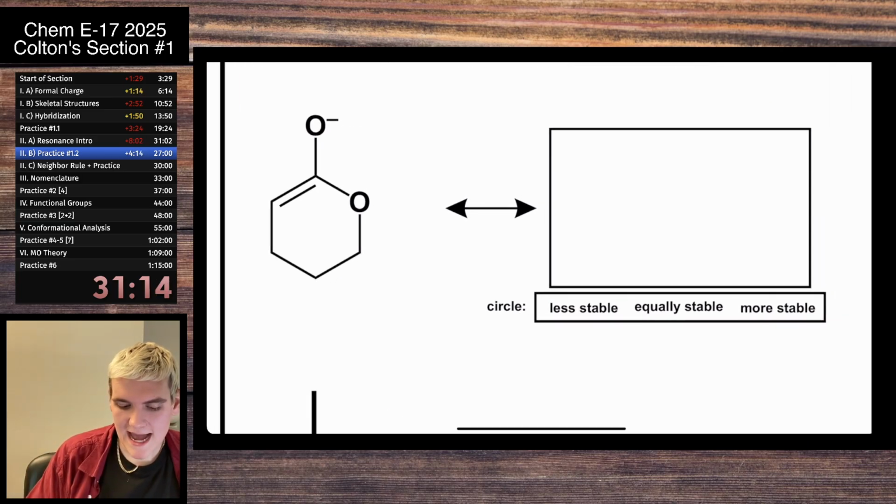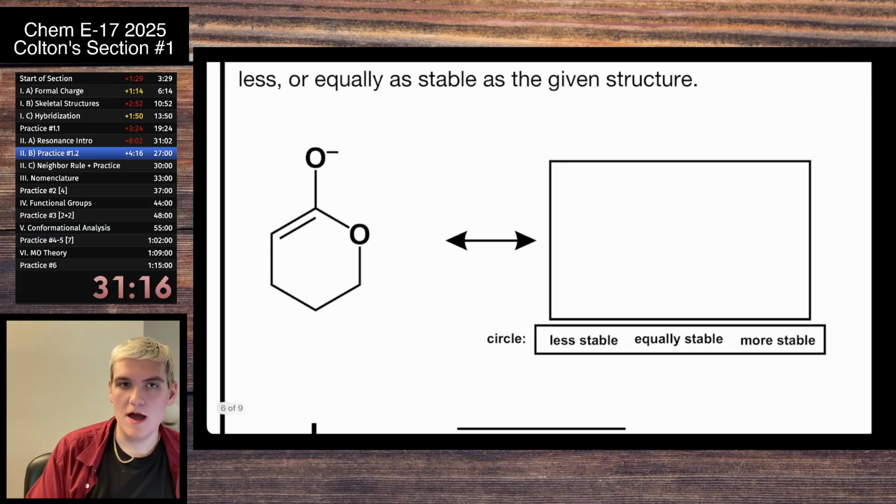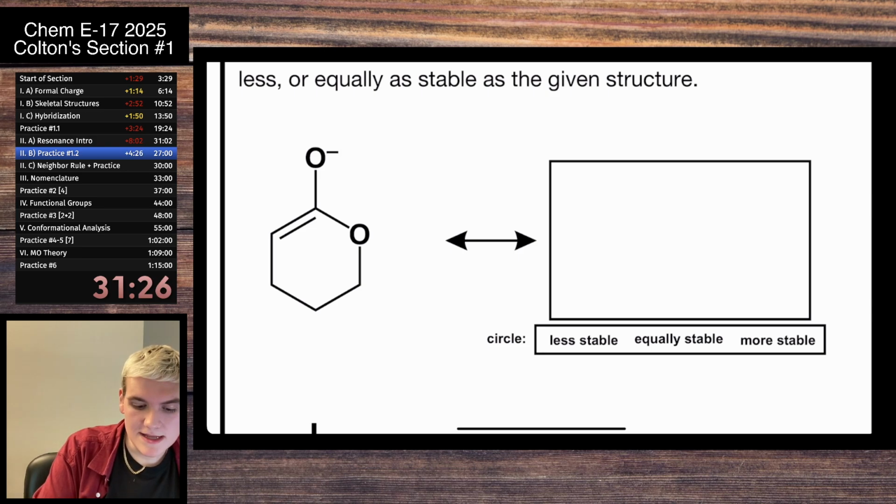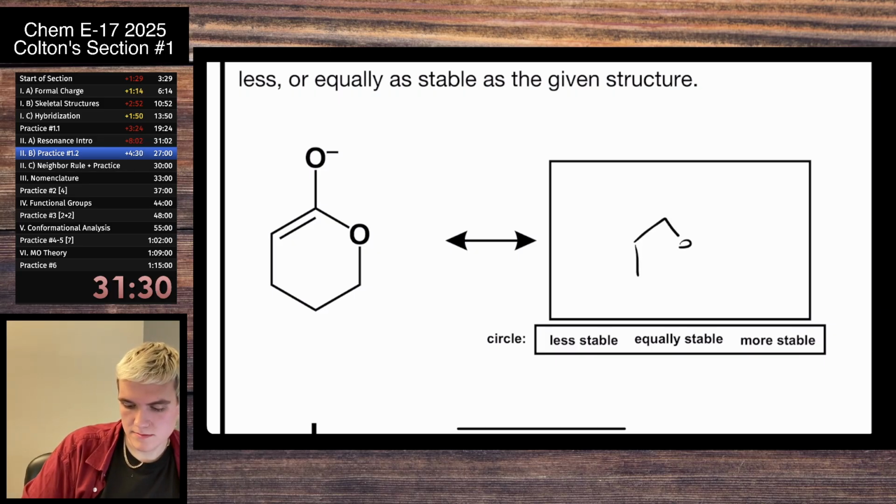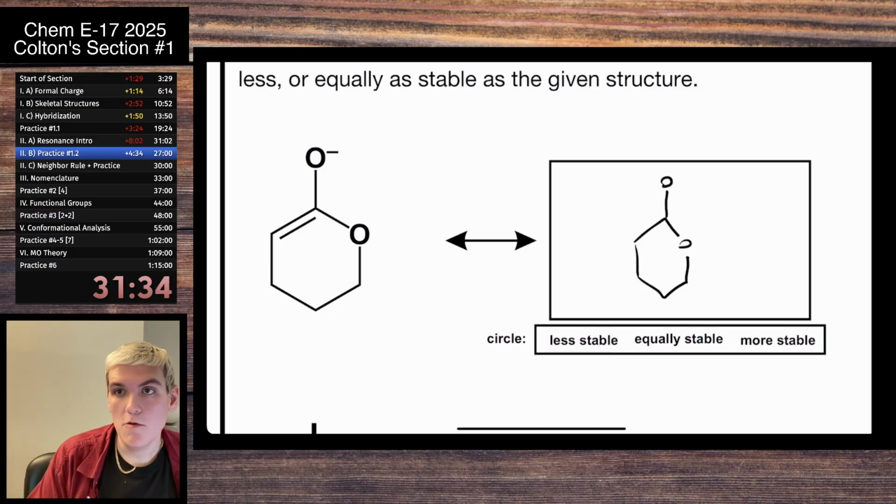And if we were tasked with drawing a resonance structure of this molecule, one of the first things we can do is we know that we didn't disrupt any single bonds, right? Resonance is only affecting pi bonds and p orbitals. So let's just go ahead and draw the whole single bond framework for our other structure. We know all of these atoms need to be in the same spot, and they need to have the same single bonds between them.